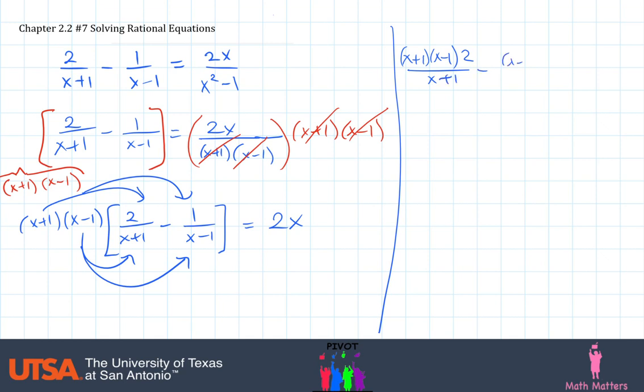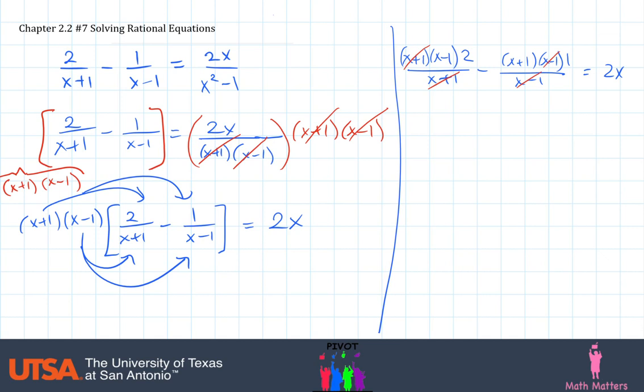Minus x plus 1 times x minus 1 times 1 over x minus 1 is equal to 2x. And we can see things that cancel out. The x plus 1 with the 2 and the x minus 1's with the 1.